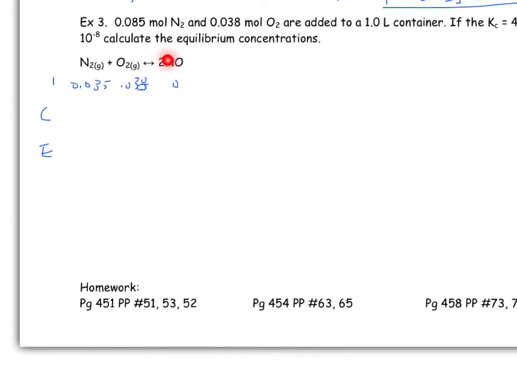Because I have a 2 here, I'm going to define the concentration at equilibrium as being 2x for my nitrogen monoxide. That gives me a change of plus 2x, and I fill in the rest of my ice table using mole ratios.